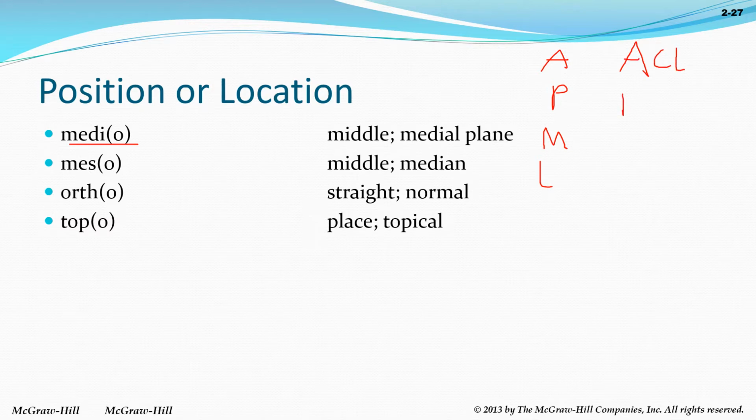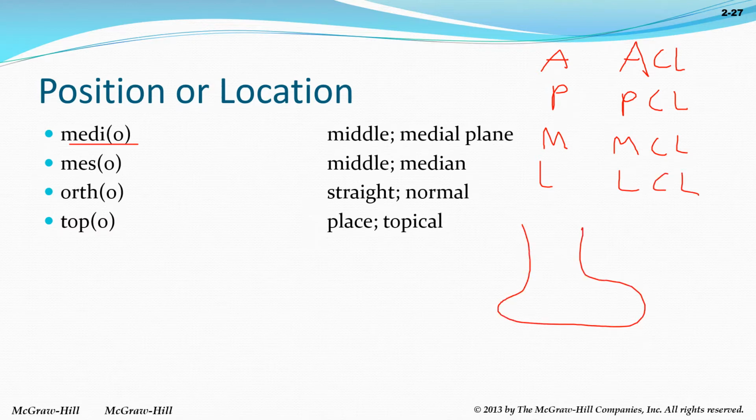What is your PCL? You guys heard of this in sports? ACL, ain't that the Achilles heel? No, that's in your knee. LCL. So you have stabilizing ligaments in your knee joint. So I'm going to draw a nasty knee joint. So, if I'm in front, which one am I? If I'm a ligament in front, which one do you think I am?